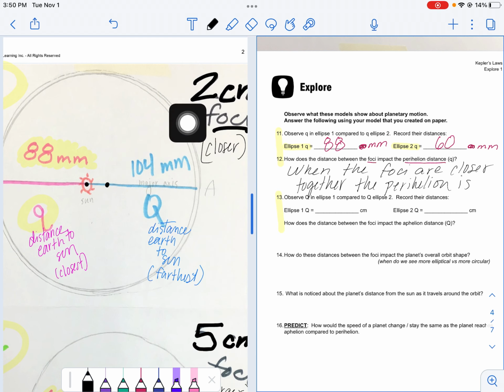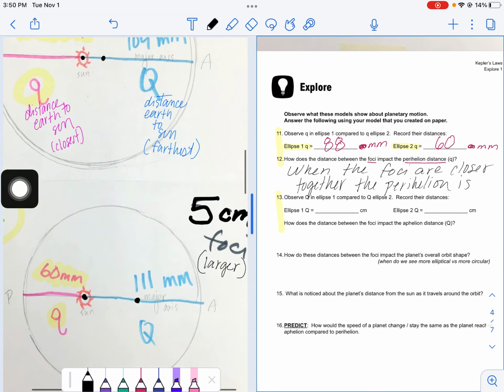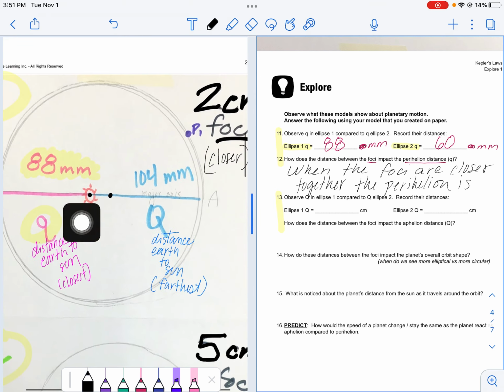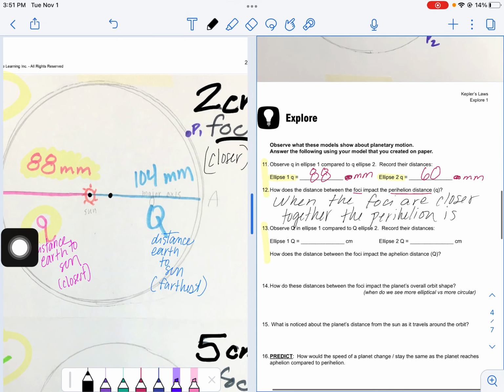Here in diagram 1, where the foci are close together, I have a distance of 88 millimeters. Here, when the foci are further apart, my distance is now 60. So I can say when the foci are closer together and the distance is 88, that perihelion is greater than the perihelion when those foci are farther apart.